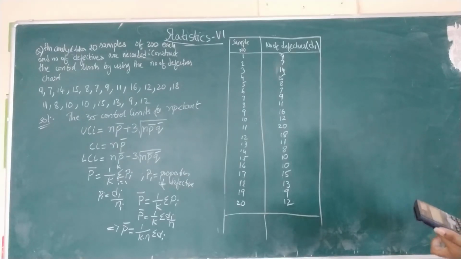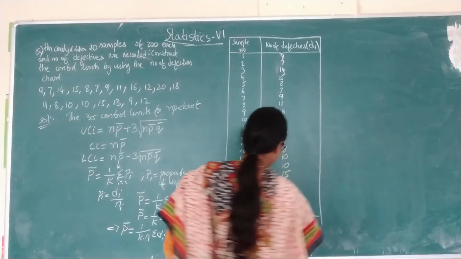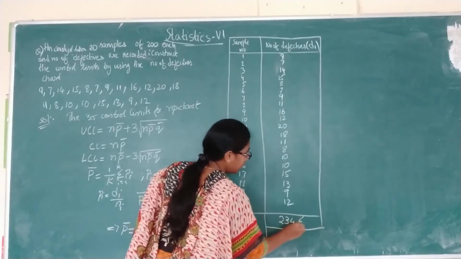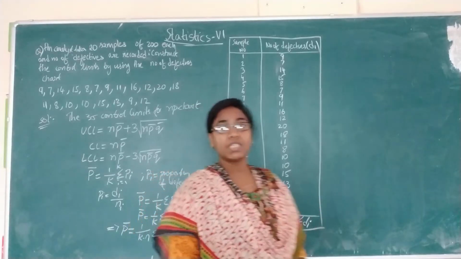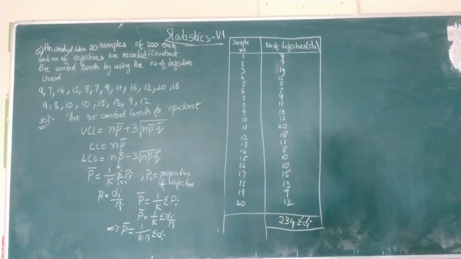So you will get summation Di value as 234. So by using the summation Di only, we are going to get the P bar value.